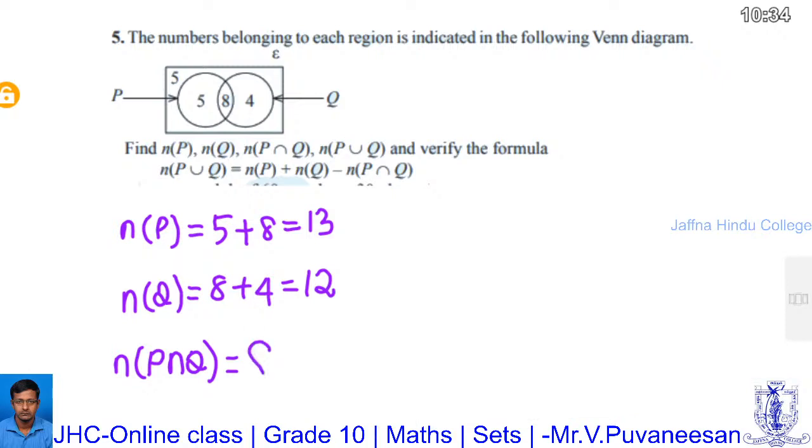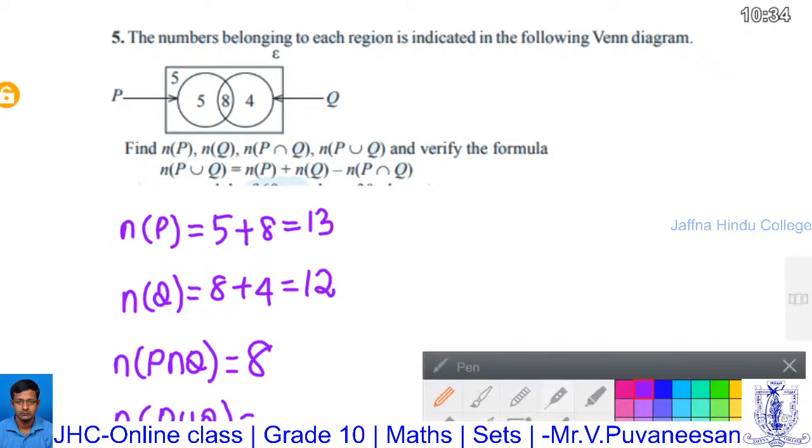Then number of P union Q, P union Q means all elements belonging to the two circles.